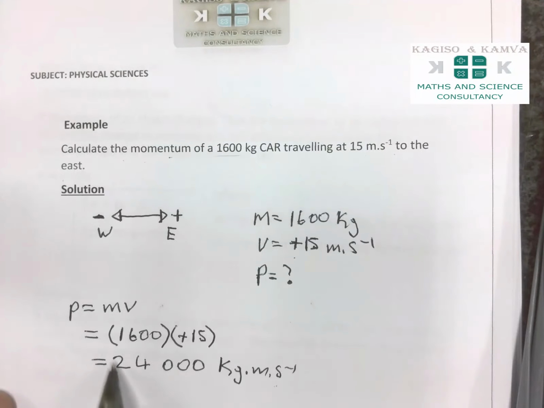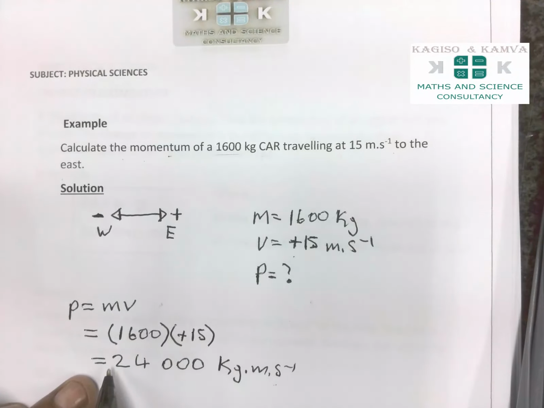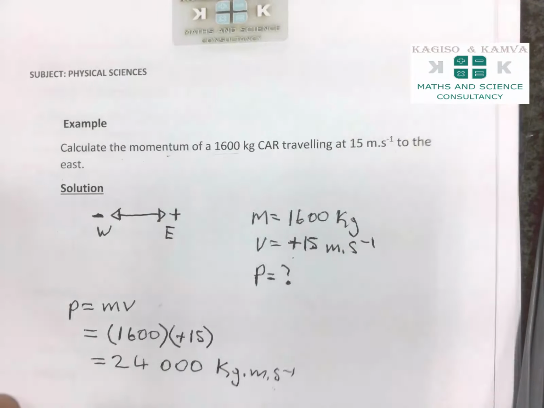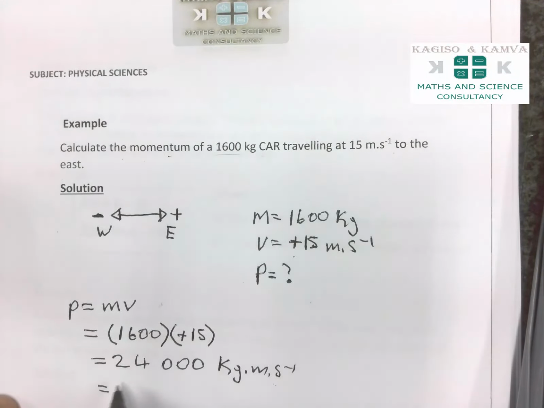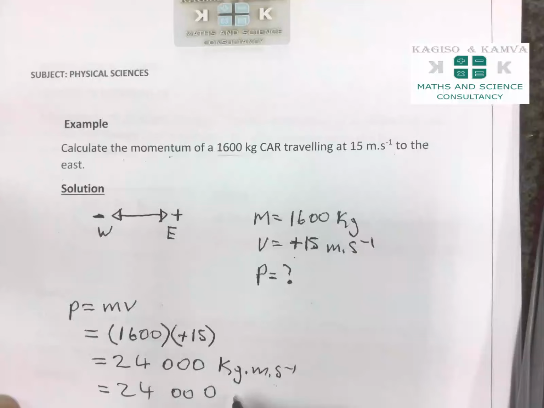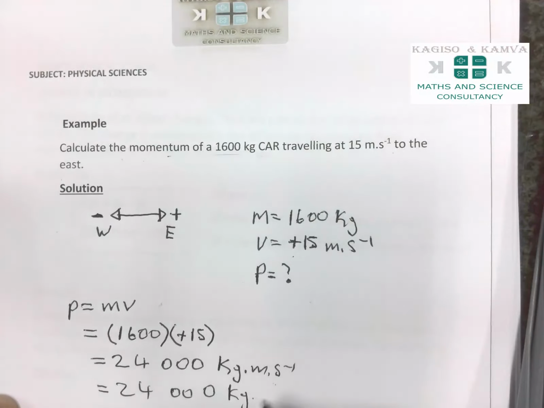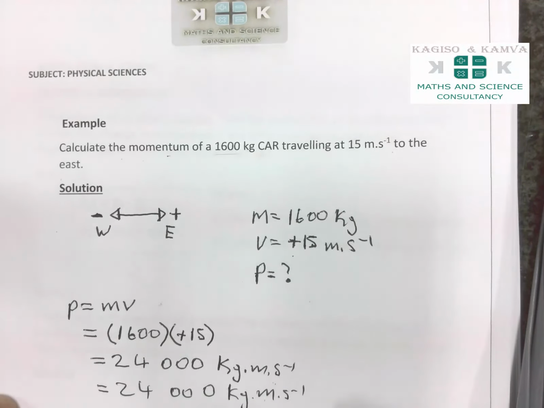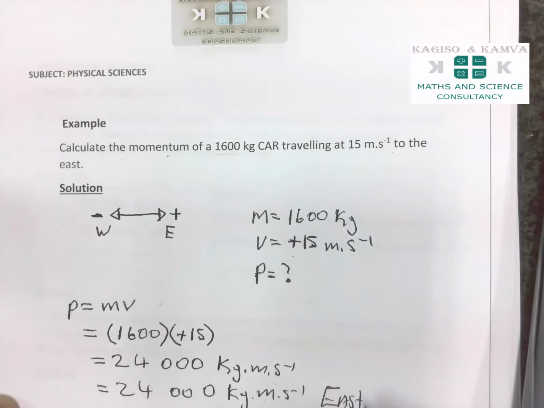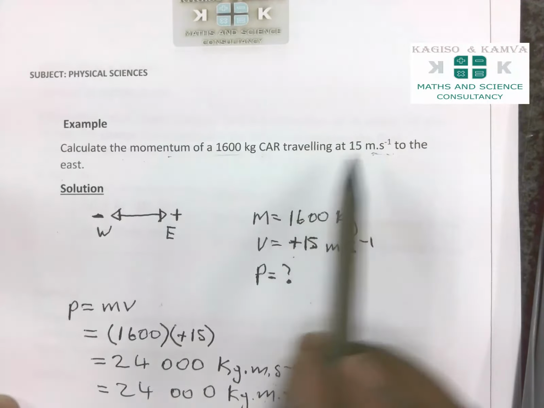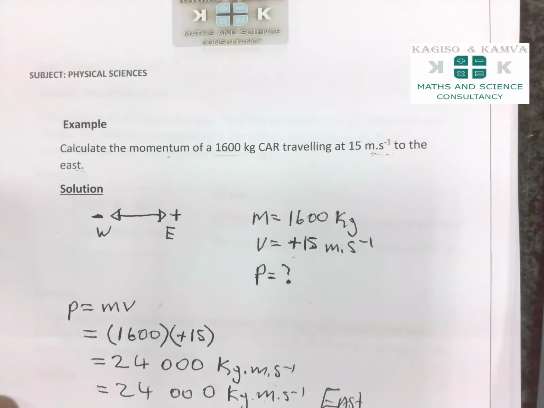Because our answer is positive, and we know that the momentum takes the direction of velocity, that will be 24,000 kg meter per second to the east, in the same direction as the velocity.